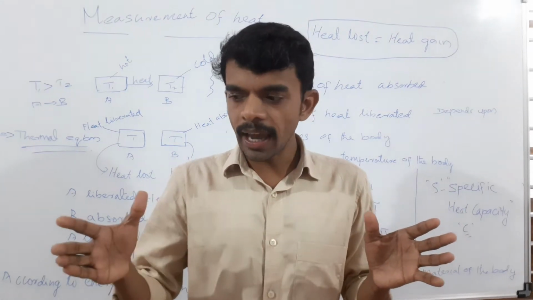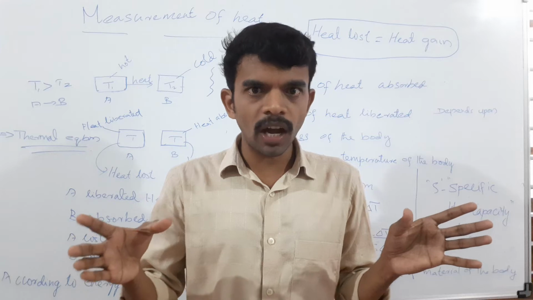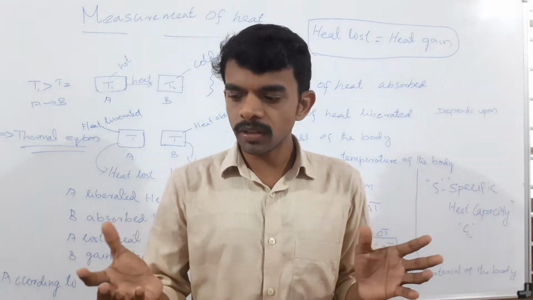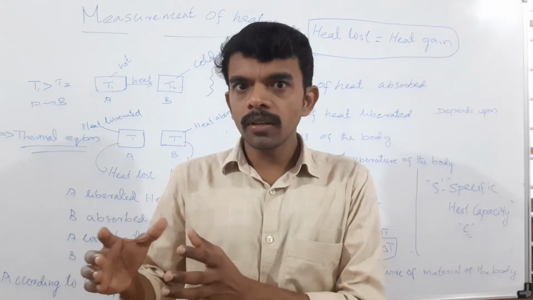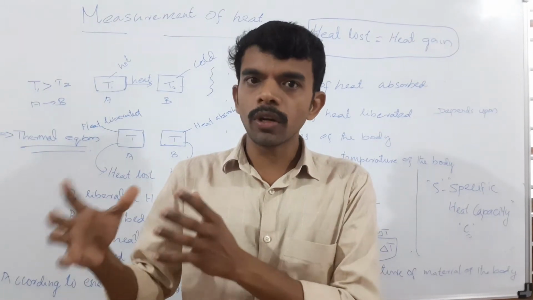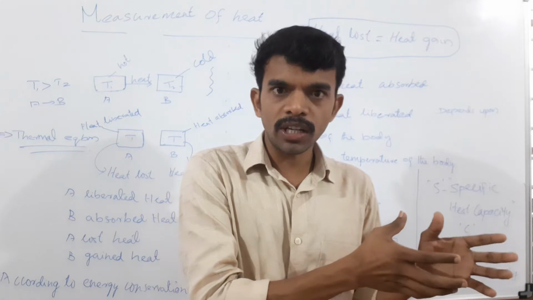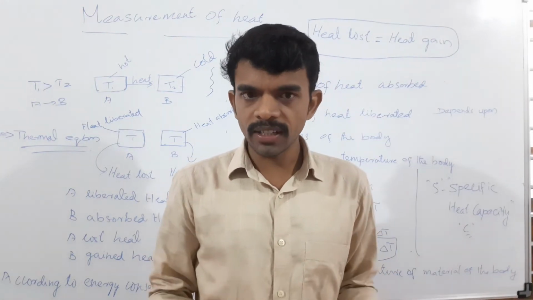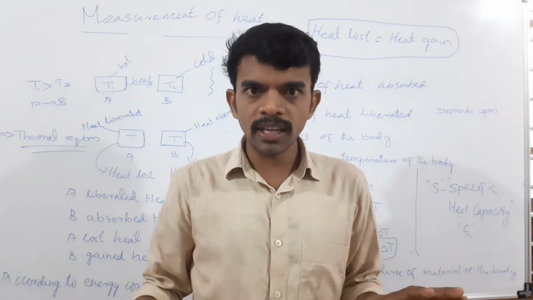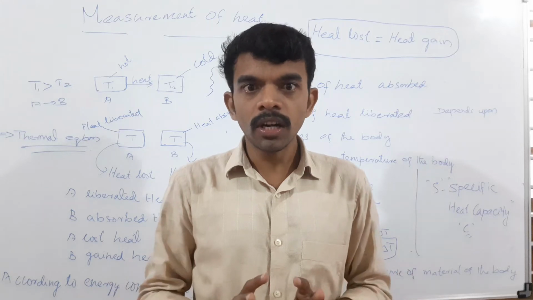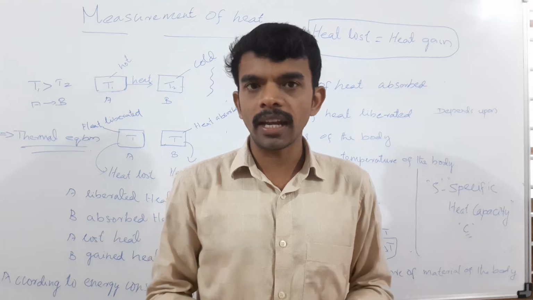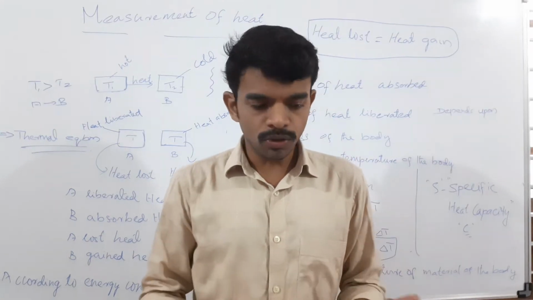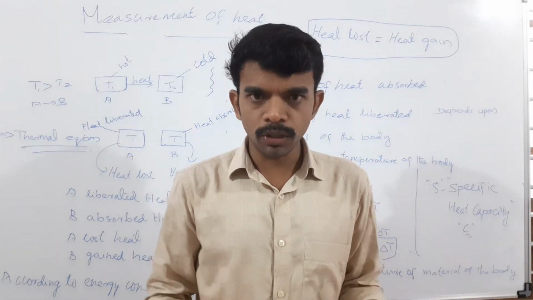So bowl A and bowl B, two containers A and B. A has 2 kilograms of water, whereas B has 1 kilogram of water. We started giving heat at the same rate. We are not changing the quantity of heat being given in unit time, so the same amount of heat is given to both bodies.